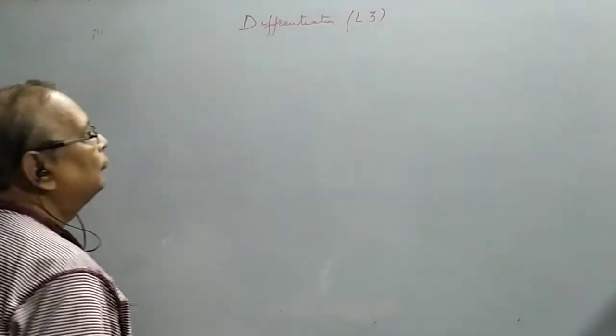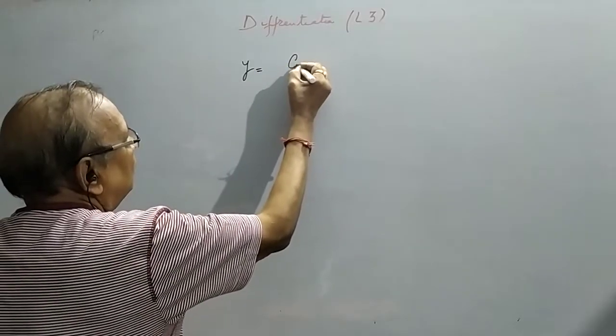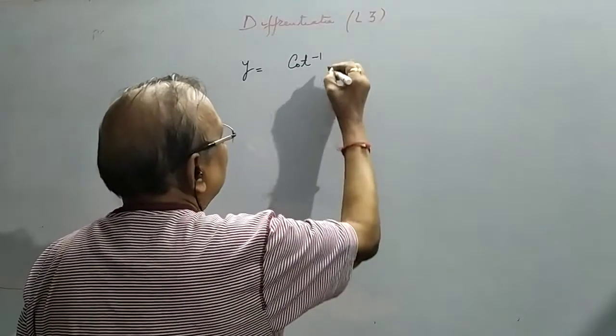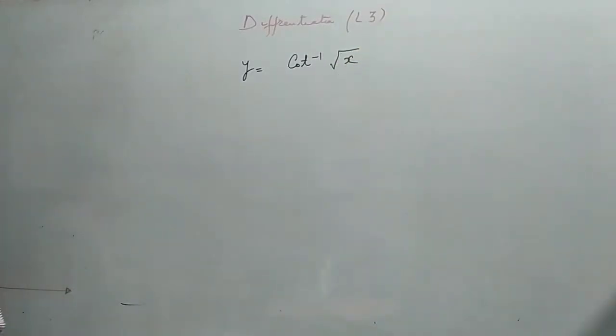Suppose y is equal to cot inverse root x. How will we get it differentiated?